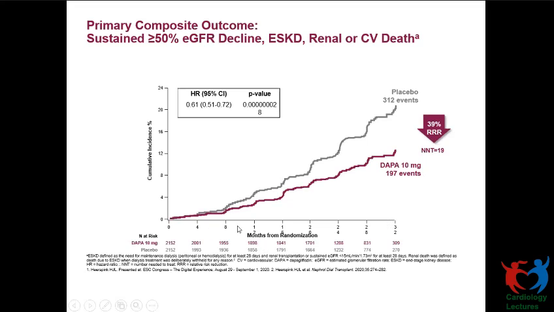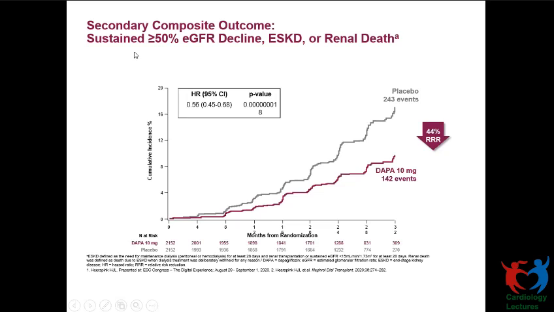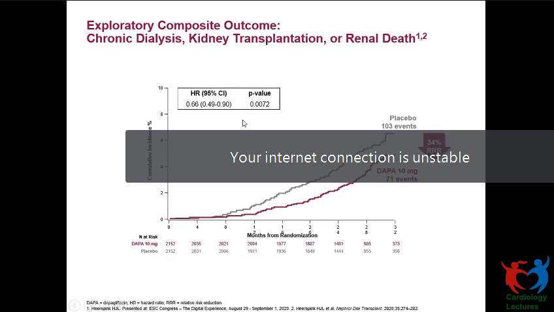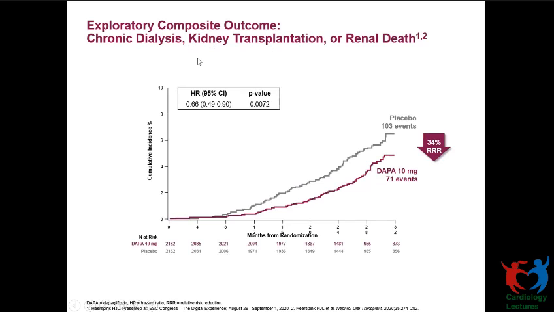You can see that after 8 months there is separation of the events and improvement with DAPA therapy, and there is a reduction of renal events. With DAPA 10 milligram, for the secondary composite outcome of more than 50% eGFR decline, end-stage kidney disease and renal death, including kidney transplantation and chronic dialysis, there is a 34% relative risk reduction.